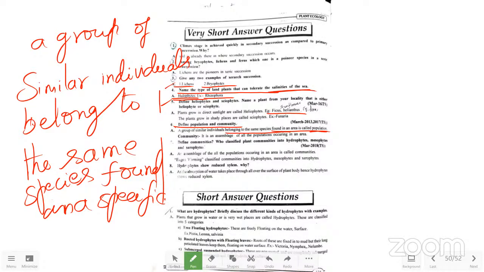Okay, population means a group of similar individuals belonging to the same species growing in a specific area.